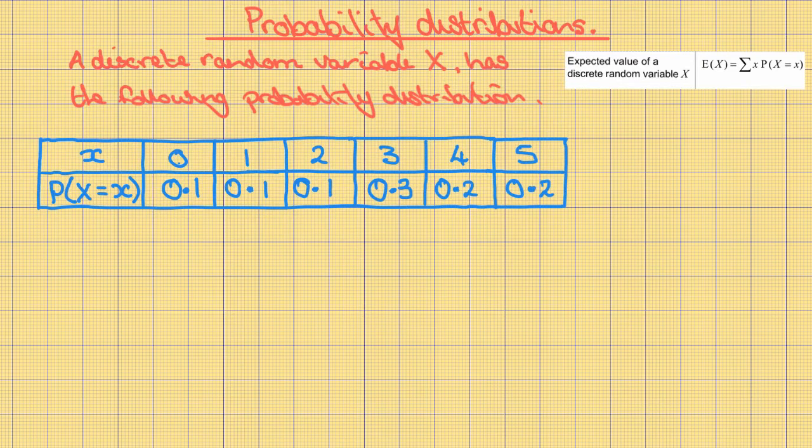The first thing you need to realise is that the sum of the probability that x equals little x must equal 1. The sum of all the probabilities must come to 1. The student is going to get a score of either 0, 1, 2, 3, 4 or 5.